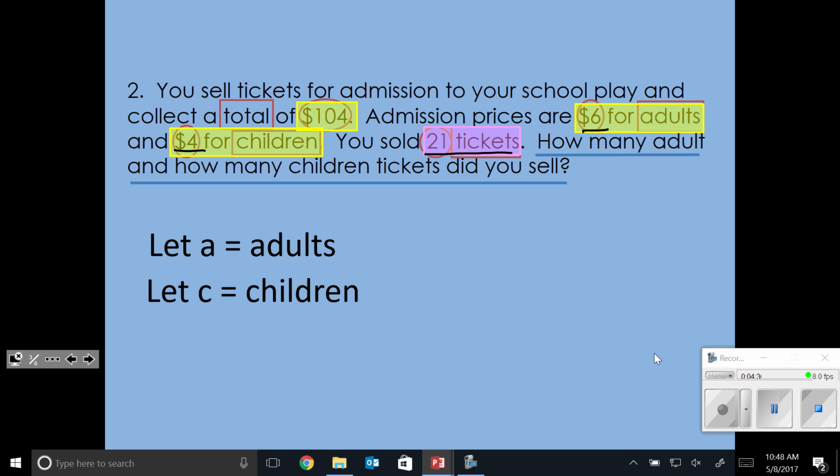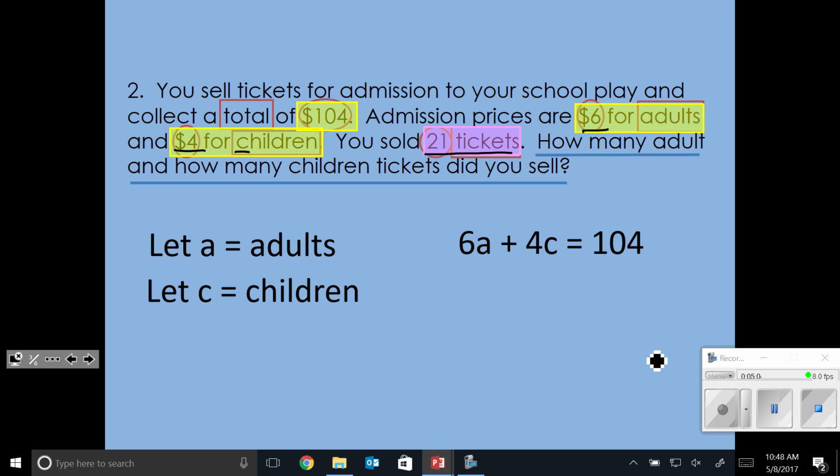So let's write our equation for the yellow highlighted part. If we have $6 for adults, that would be 6A, and $4 for children, 4C. And if you add those up, you get $104 total. So here is our equation for the yellow highlighted part. And then the pink highlighted part is just adding up how many tickets you sold that were adult and how many were children.